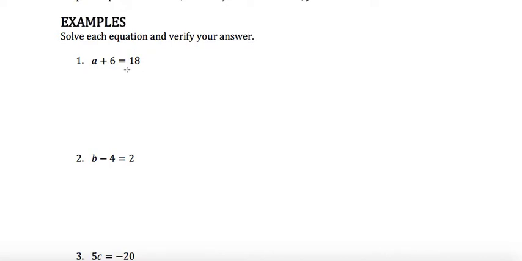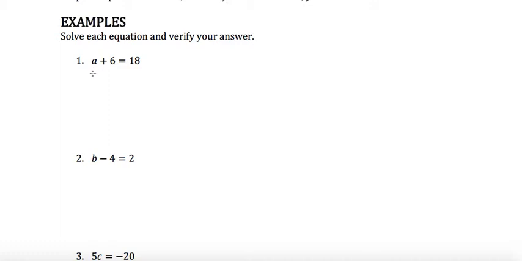When we're looking at this first equation, a plus 6 equals 18, we have to ask ourselves, what are we doing to the a? Because when we're solving equations, we want to get the a all by itself. Think back to when we did Pythagorean theorem, or when we were solving for area or volume. All of those were examples of equations.